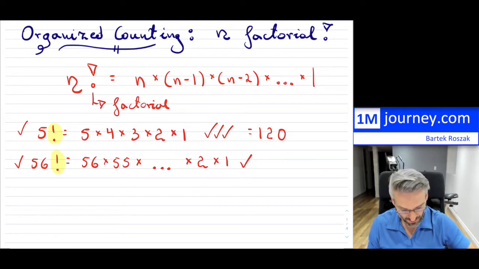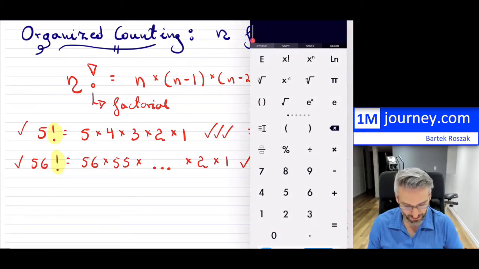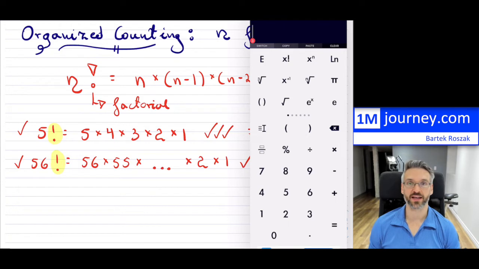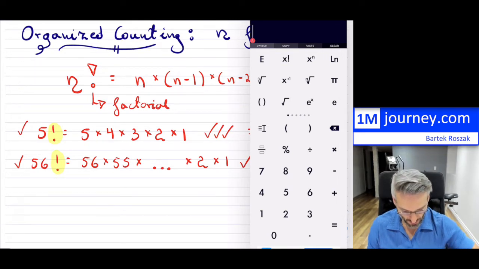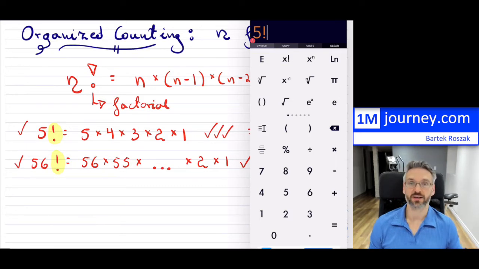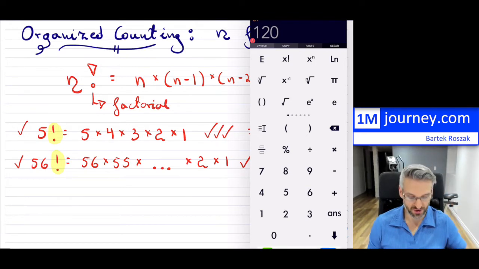So here is my app that I use, my calculator. And I do see this factorial, so you see that x factorial there, so x just stands for a number. So for instance, if I wanted to write 5 factorial, notice I enter the 5 and then the factorial, and then I hit equal, and it'll give me the 120. So it does the multiplication for me.